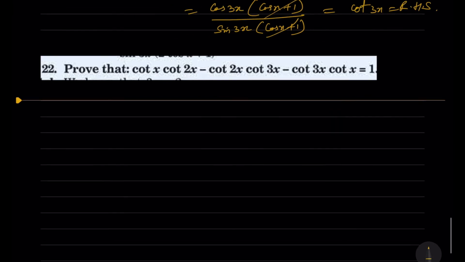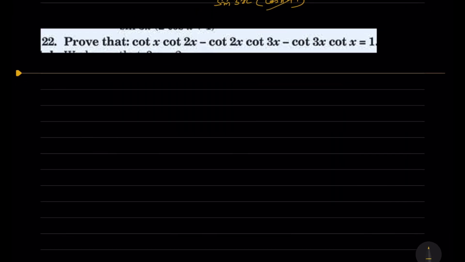Now going to the second problem, we'll see. Prove that cot x into cot 2x minus cot 2x cot 3x minus cot 3x cot x is equal to 1. So here is the solution part. Cot 3x can be written as cot(2x + x).